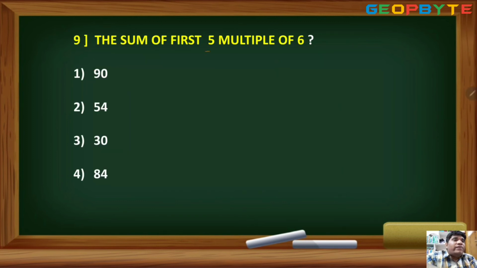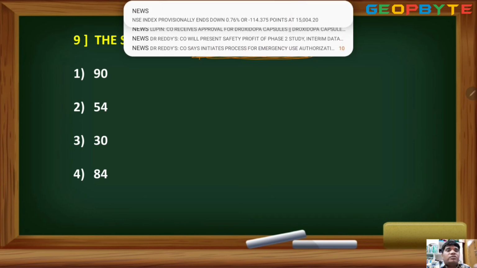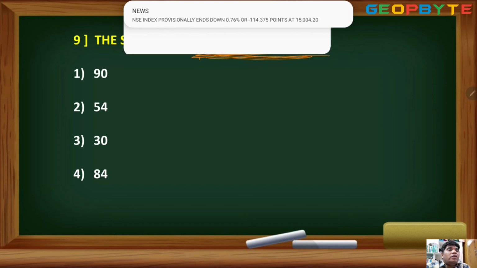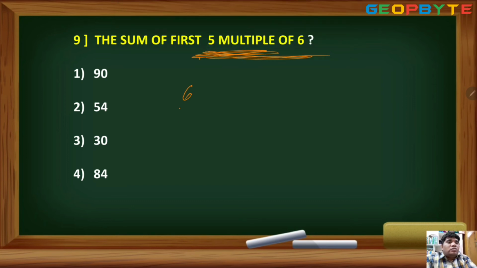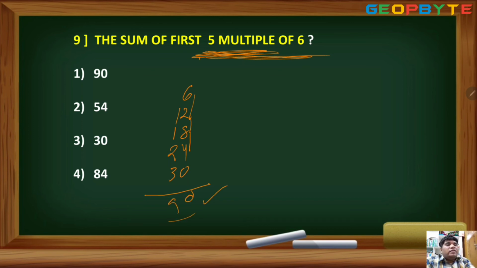Sum of the first 5 multiples of 6. First 5 multiples. These two questions are also previous year questions. The same numbers: 6, 12, 18, 24 and 30. So the answer we already know, 90.